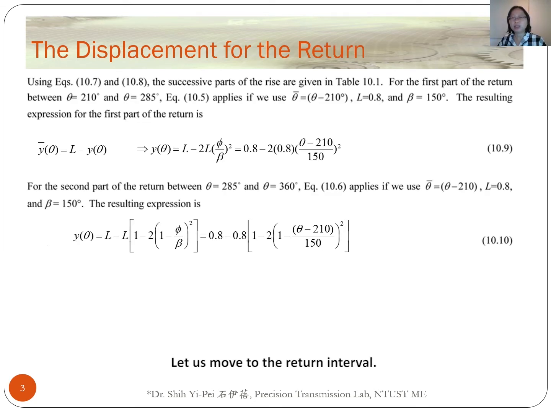Let us move to the return interval. The amount of the rise L equals 0.8 inch too, and the cam rotation angle required, beta, changed to 115 degrees.